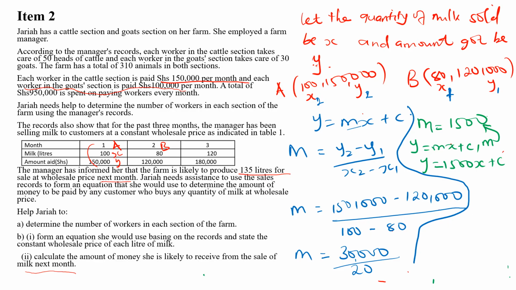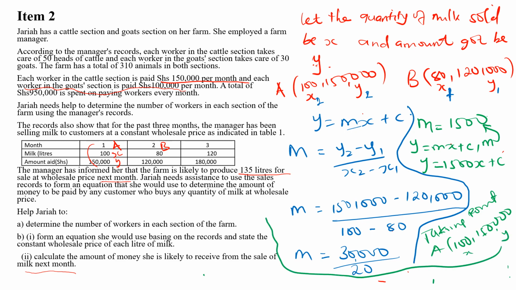Now, you come here and substitute. Taking point A, which is 100 and then 150,000. This one will be x and then the other one will be y.